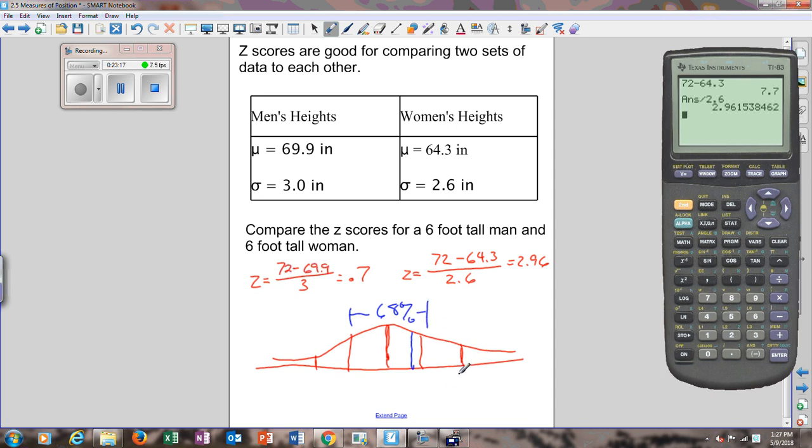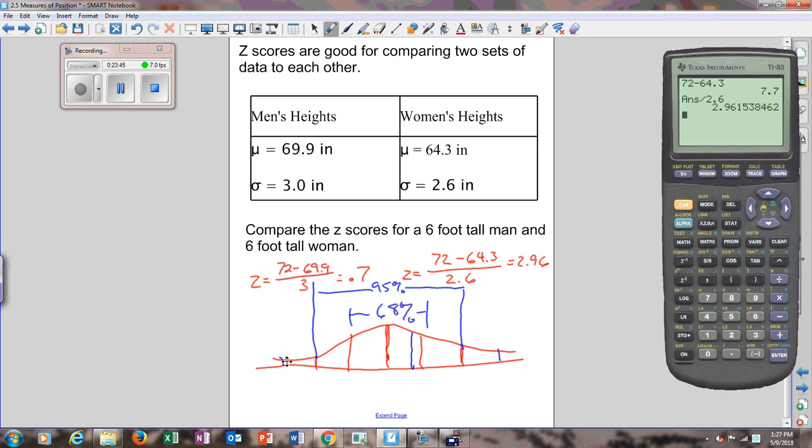Okay? Then remember our next standard deviation out, which is 2 standard deviations, that contains 95% of people. So if you're more than 2 standard deviations out, you're already in the bottom, or so it's 5% left, right?